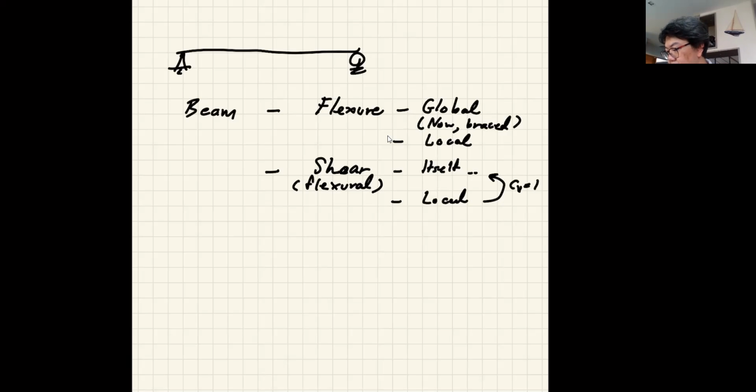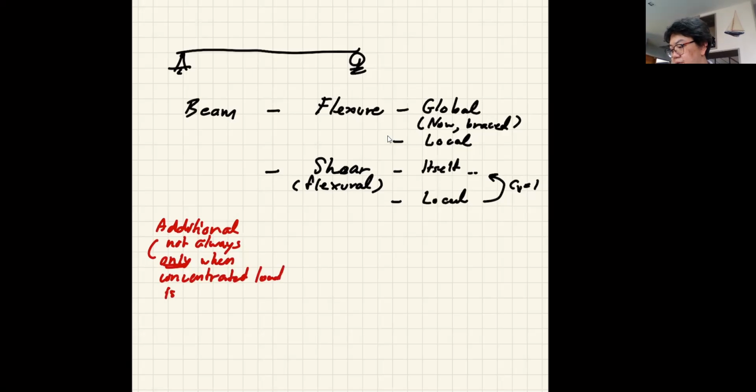Okay, additional. Not always, only when concentrated load is present.